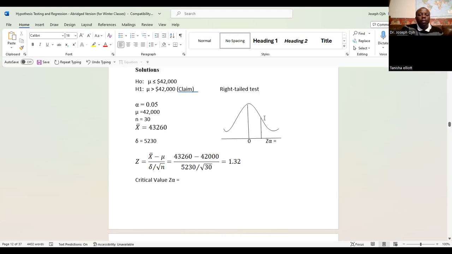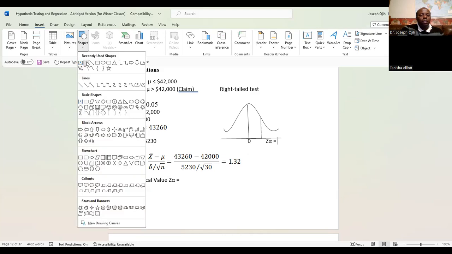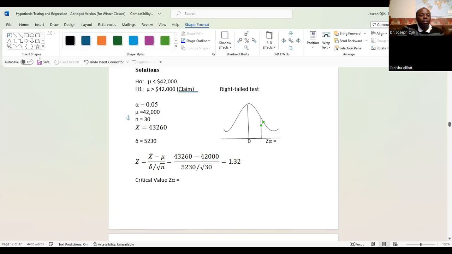Now let us shade this rejection region. This is the region we shaded. If the answer falls in this critical region, we reject the null hypothesis. If it doesn't fall in it, we don't reject it.